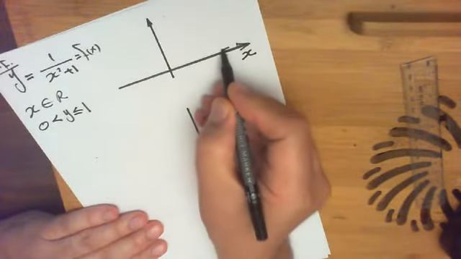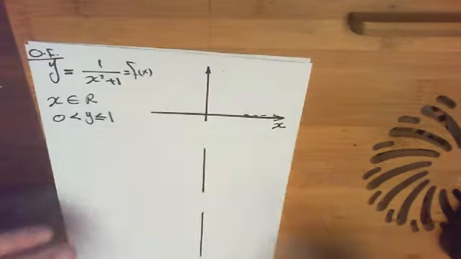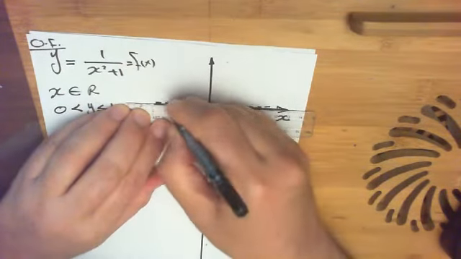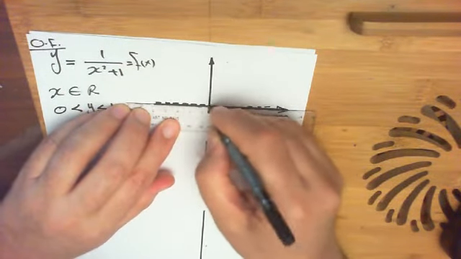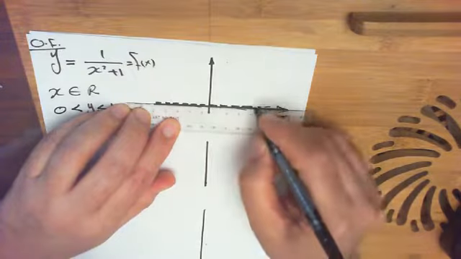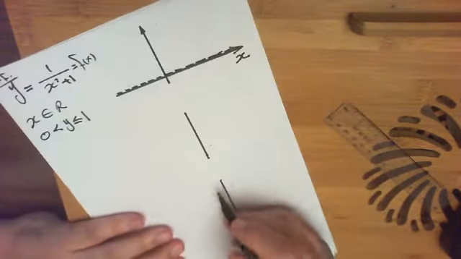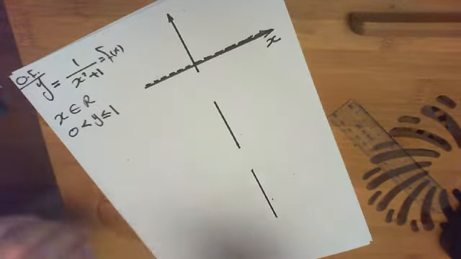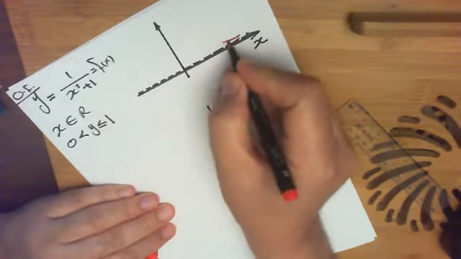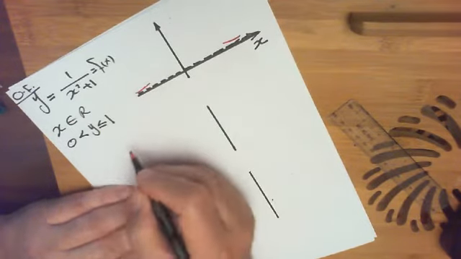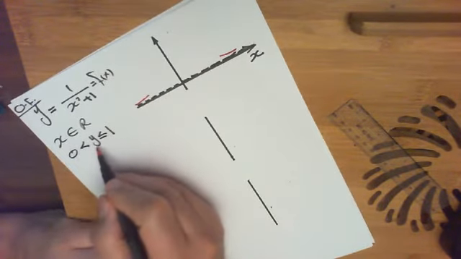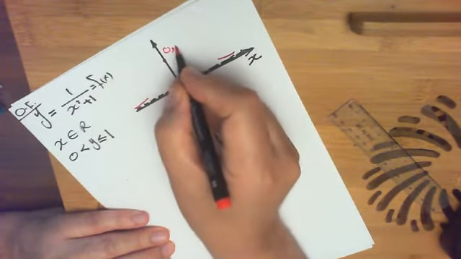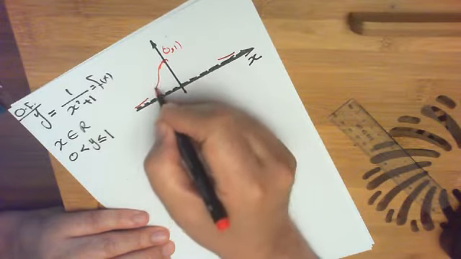So the x-axis is a horizontal asymptote. As you remember, we put a dotted line very, very close to it. So our function approaches 0 as x approaches infinity or minus infinity. And when x is 0, our function has its maximum value, which is 1. So this point is (0, 1). So our function is like this.